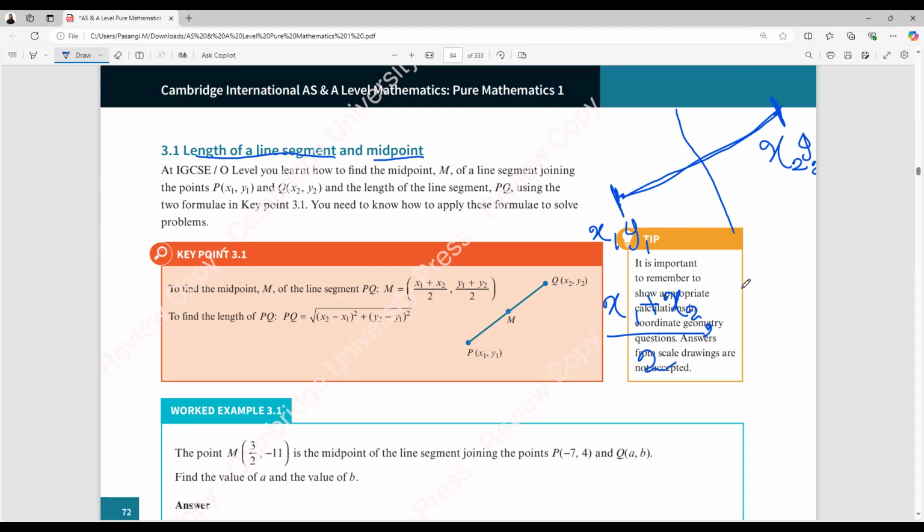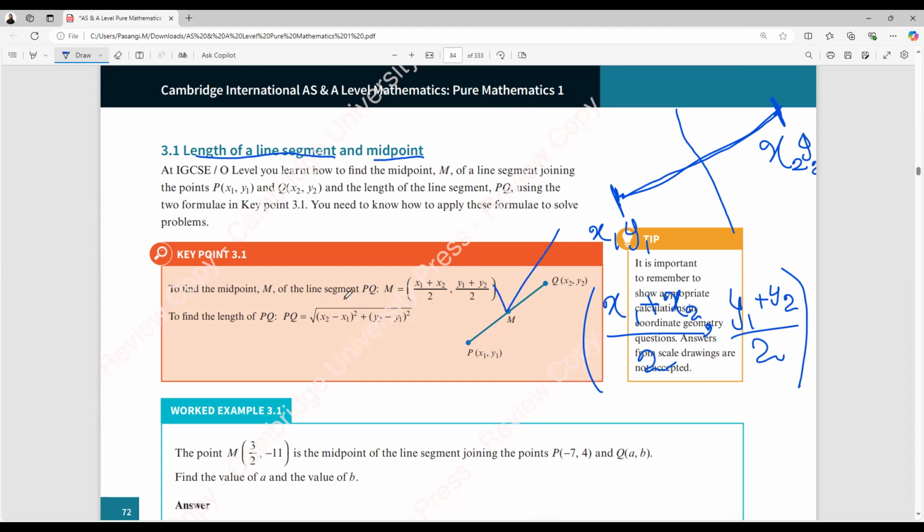Same as this process, we add the y coordinates together and divide by 2 to find the y coordinate of the midpoint. Since it's a midpoint, once we add these two coordinates together, we divide by 2.